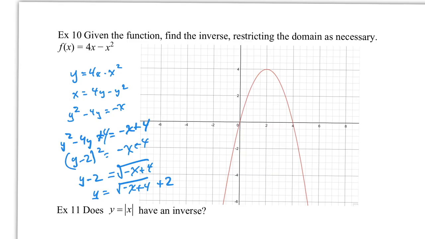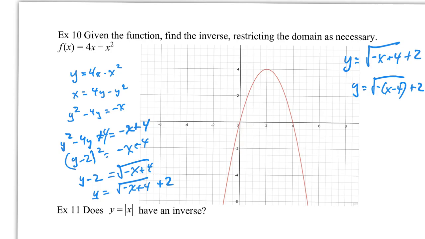Okay, so this is an interesting problem because I have y equals the square root of negative x plus 4. But if I rewrite that, plus 2, if I rewrite that as y equals the square root of negative x minus 4, that means it's going to shift to the right 4 units, and then up 2.